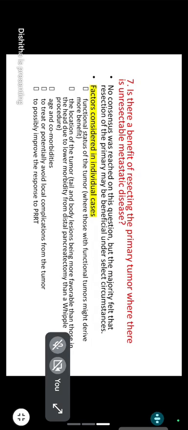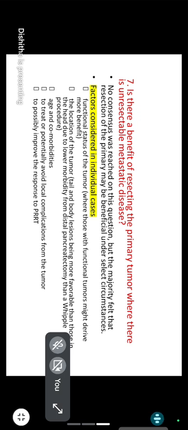So, is there a benefit of resecting the primary tumor when there is an unresectable metastatic disease? No consensus on this, but it depends on various factors in individual cases. If the tumor is a functional tumor, then we might at least reduce the bulk of the tumor, and thereby symptoms might reduce for the patient. And for the unresectable metastatic disease, we can plan for PRRT.